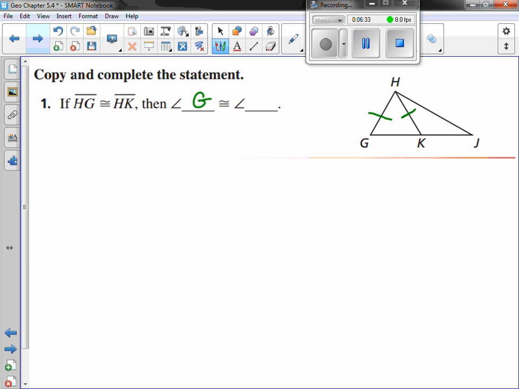What would the other angle be? Well, I can't necessarily say K because there's one angle here and one angle here, yes? More than one angle, so I can't use a single letter, I need 3 letters, yes? GKH, or we can say HKG.